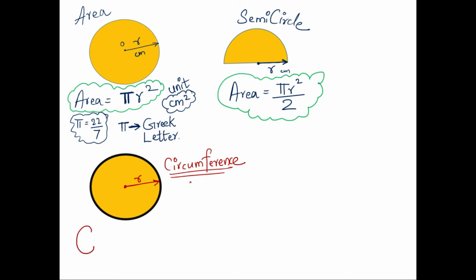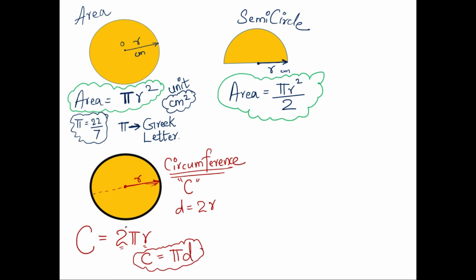I consider the circumference with the letter C. So C is equal to 2 pi r. From the previous section, we saw that the diameter D is twice the radius. So you have 2 and r here. So you can also remember it as circumference is equal to pi d. Whichever is easier for you, you can use or memorize.